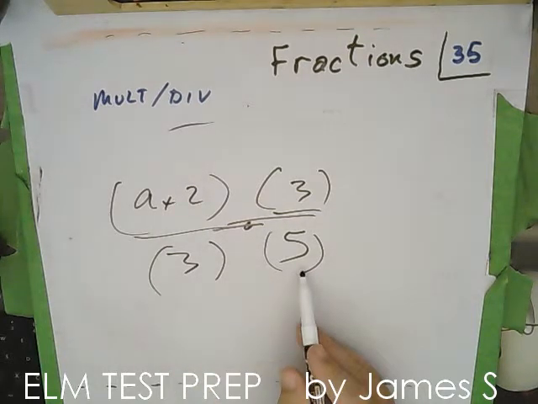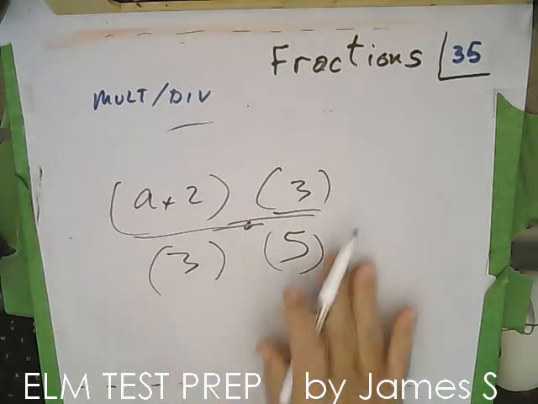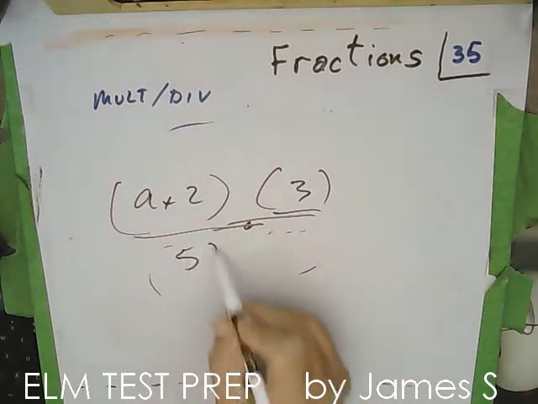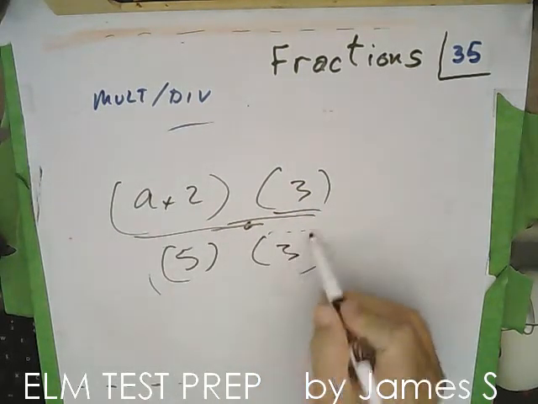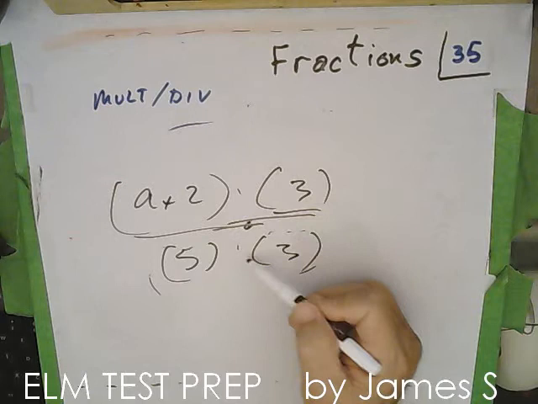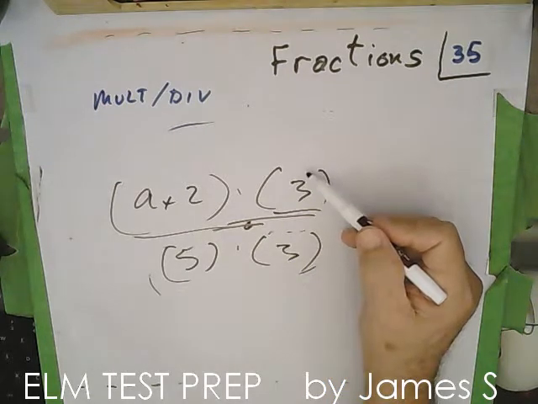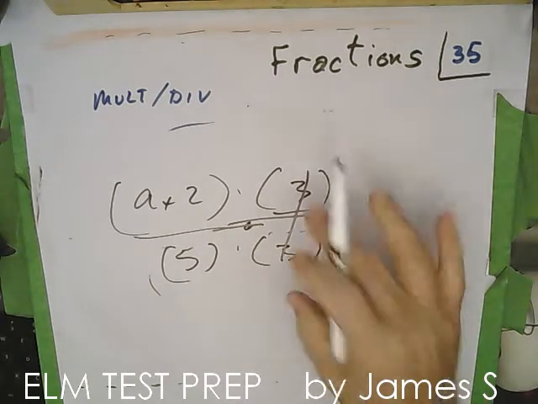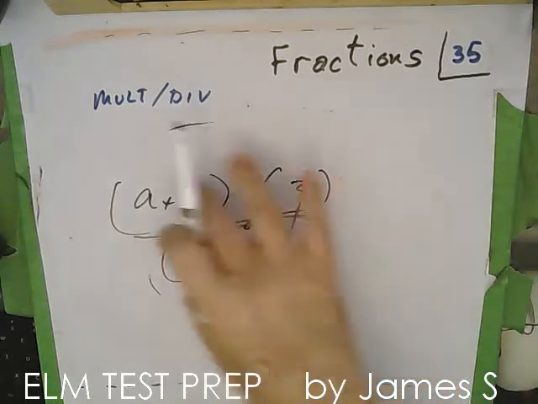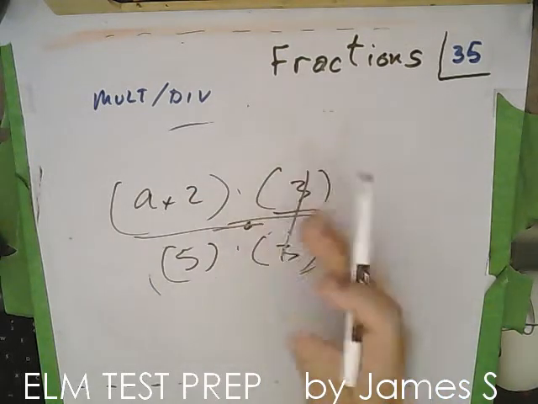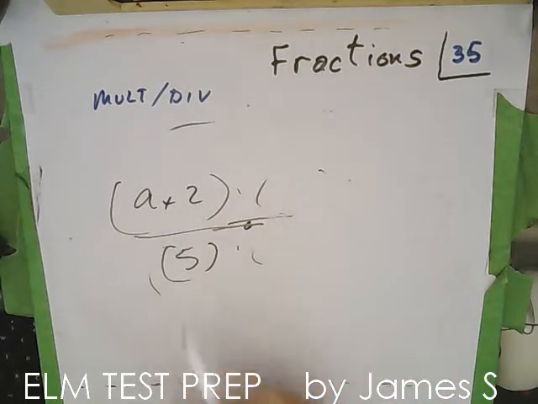I could swap these two on the bottom, because 3 times 5 is the same as 5 times 3. And I say, oh, well, there's no plus between these, so I can factor these out. This is nothing more than 3 over 3, or 1 times that quantity. Well, if I take away the 1, I get my quantity. So now there's my answer.